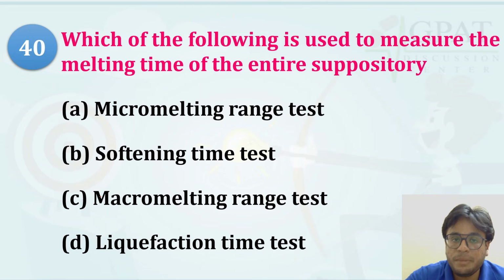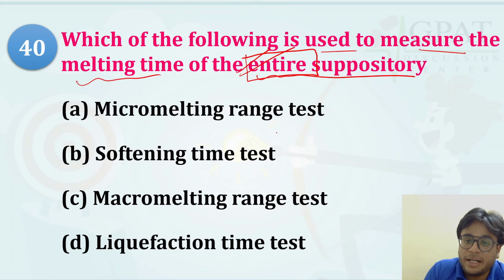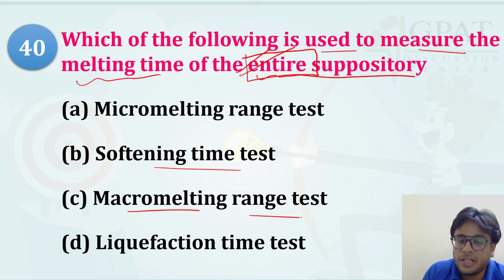Okay. Coming towards our next question, which of the following is used to measure the melting time of the entire suppository? So they are mainly asking about the melting time of the entire suppository. The options are micro melting range test, softening time test, macro melting range test, and liquefaction time test.